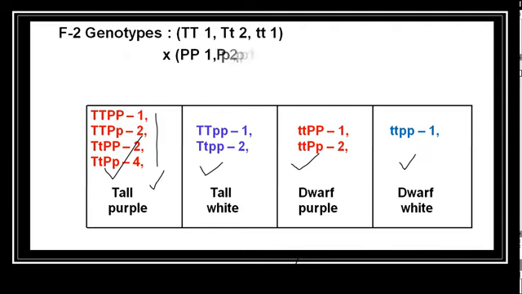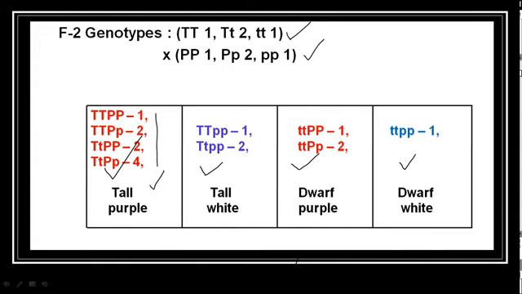How did the result come? In F1 of monohybrid cross, the ratio was 1:1. So for both characters, the ratio will be 1:1.